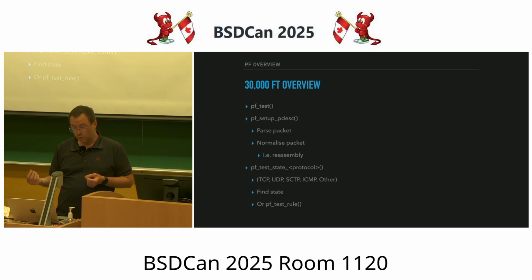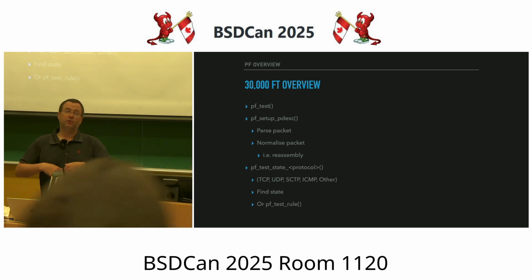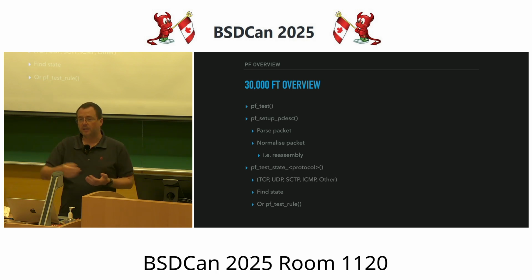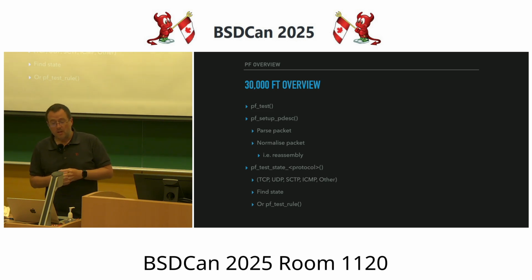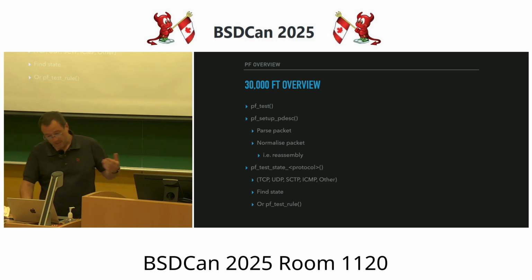If we don't find the state, that means this is a new connection, and presumably this is the first UDP packet for this connection, or it's a TCP SYN. We're going to do pf_test_rule, which means we're going to process the rules and figure out what we want to do in this particular case.